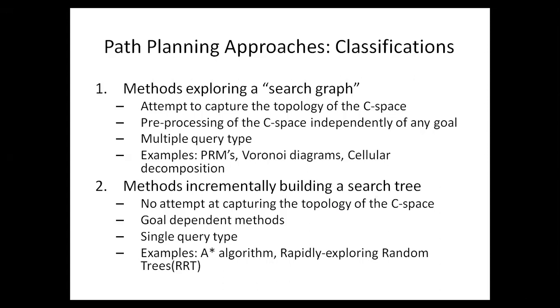When we go for examples of exploring a search graph, we'll go for the Voronoi diagram, cellular decomposition, and the visibility graph theorem. Whereas for building a search tree, we'll go for an algorithm such as rapidly exploring random trees.